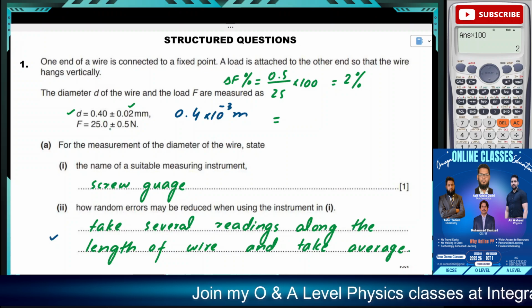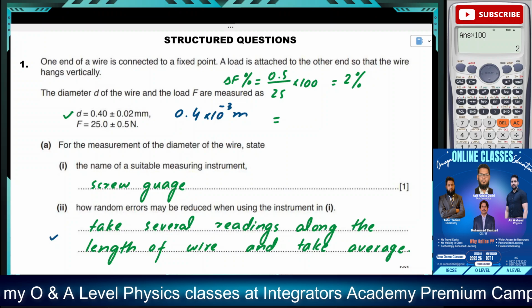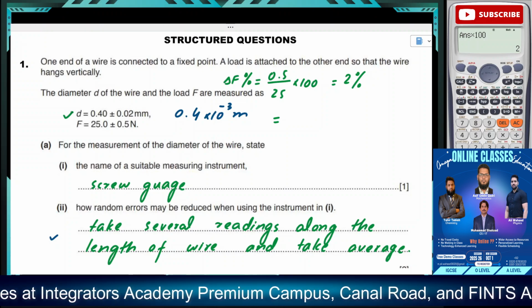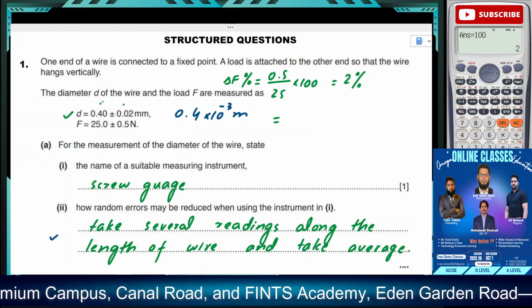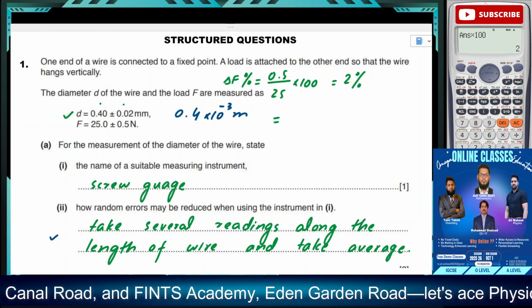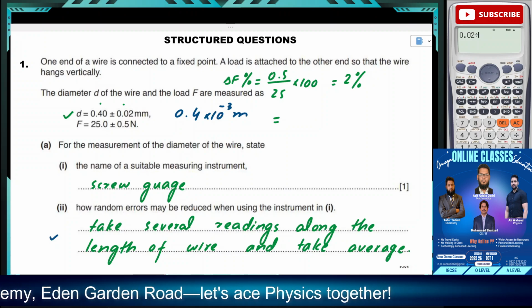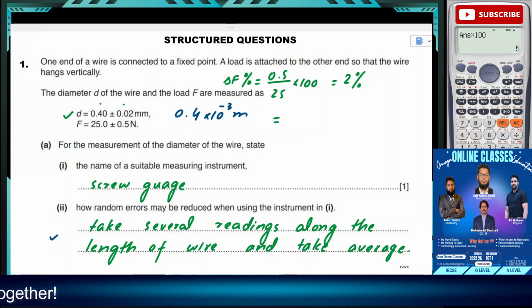What about the diameter? When you're finding the percentage uncertainty, no need to convert millimeters into meters. If you convert, then you have to convert both of them. The ratio would be same, so you can find directly. 0.02 divided by 0.40, whatever the answer is, times 100, 5.